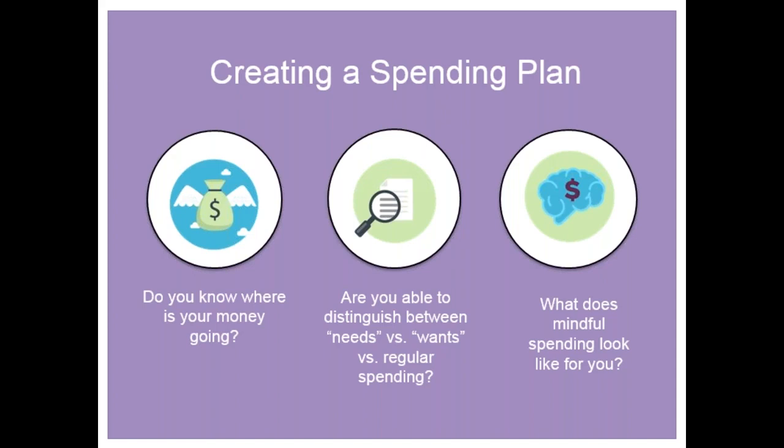Whether that's saving to pay off debt or paying off debt, saving for a house or a car, or things like that. So we definitely recommend having a spending plan in terms of knowing where your regular expenses are, knowing your needs from your wants, and really understanding where your money is going.